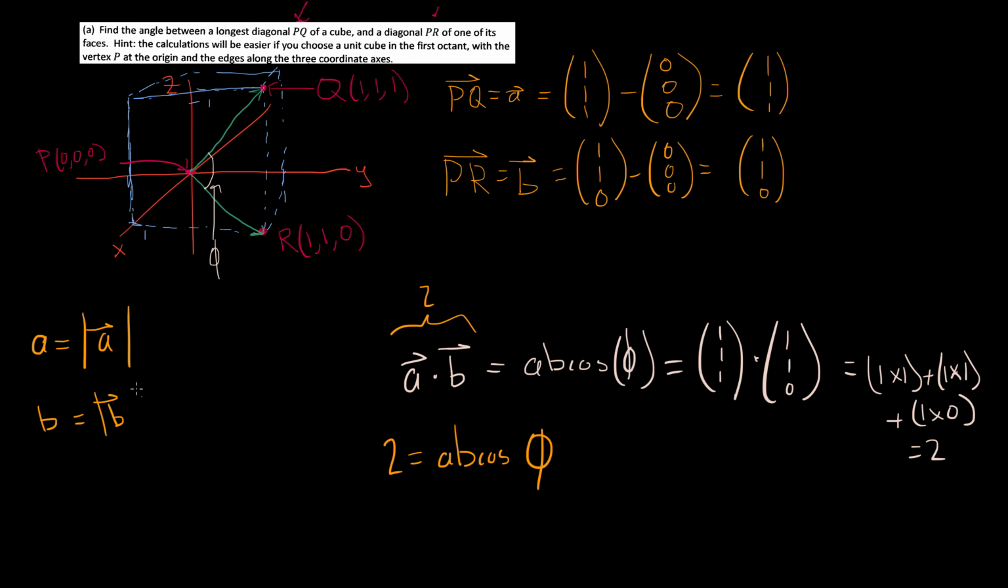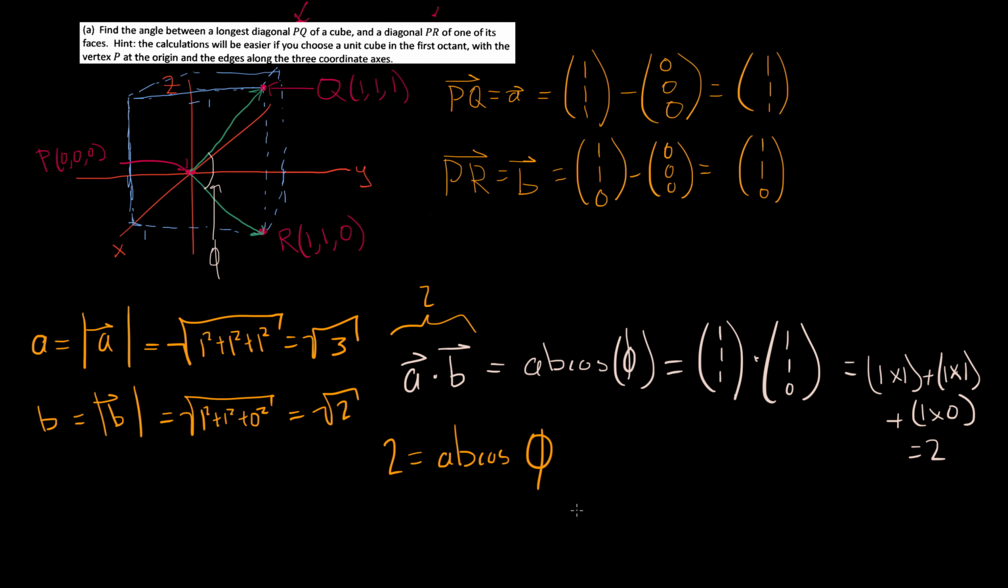And so in this case, that's just going to be the square root of 1 squared plus 1 squared plus 1 squared, or square root of 3. And for B, it's going to be 1 squared plus 1 squared plus 0. You should probably brush up on this if you're not familiar, and it's going to be square root of 2. So now it looks like we have essentially everything we need.